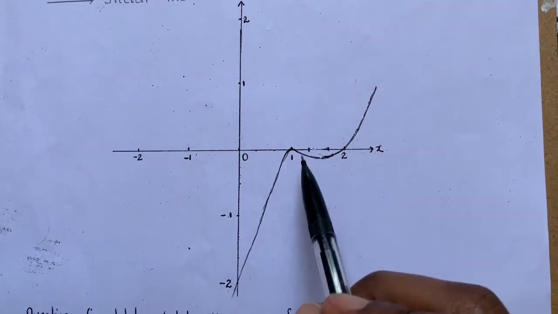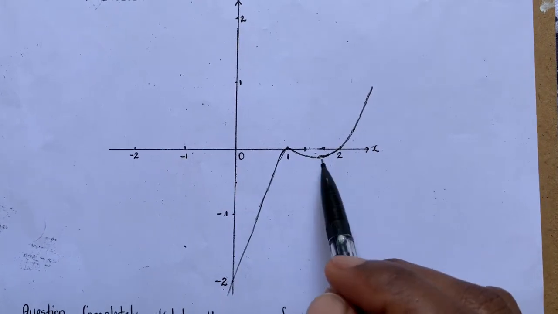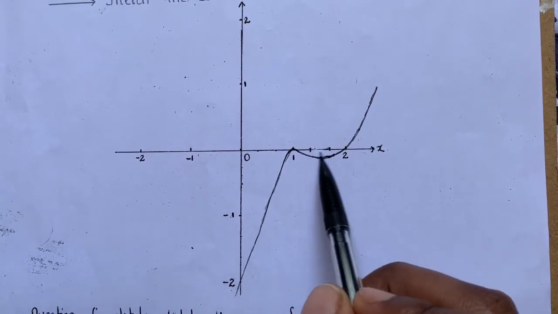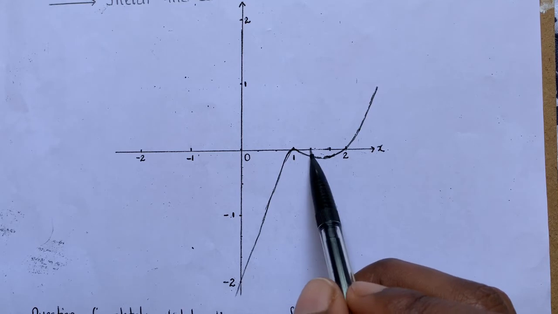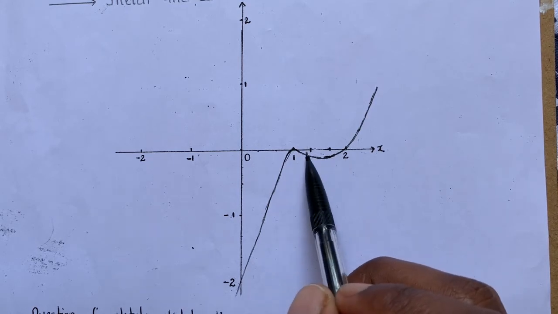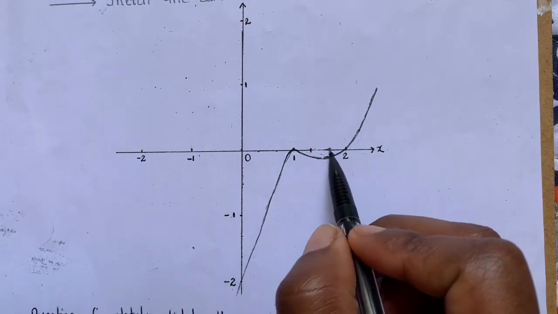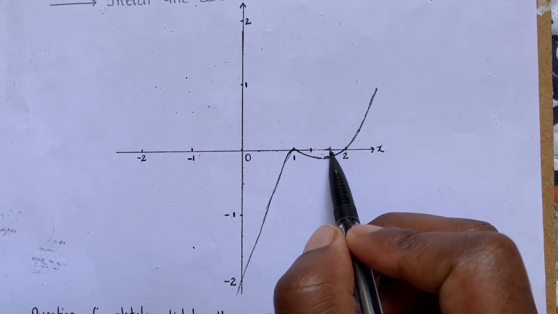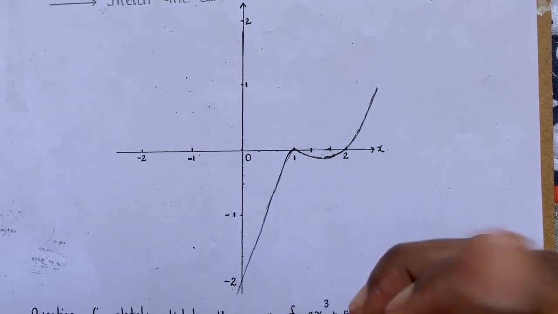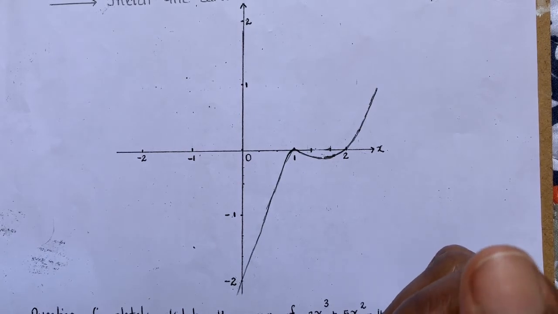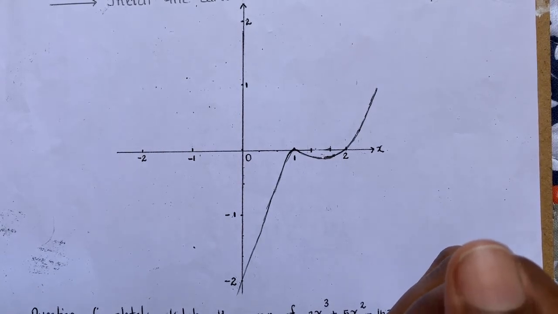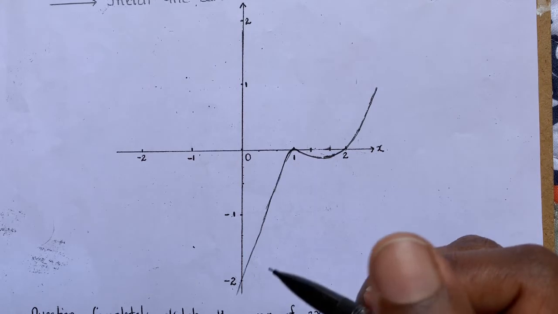So here is 1, that's 2. So I divided this space into 3 equal parts. So that's 1 and 1/3, 1 and 2/3, which is here. And then the corresponding y value was negative 4 over 27, which was approximately negative 0.15.